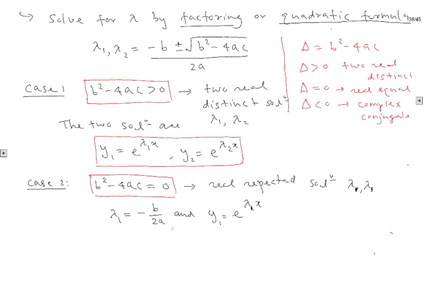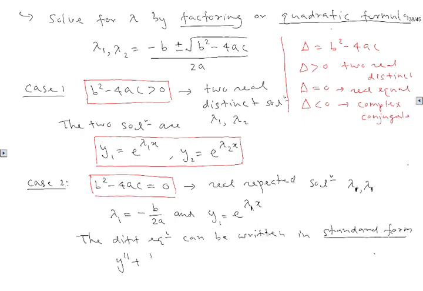What we can do is look at the differential equation and divide by a. So the differential equation can be written in standard form: y double prime plus, if you divide by a, b over a y prime plus c over a y equals 0.